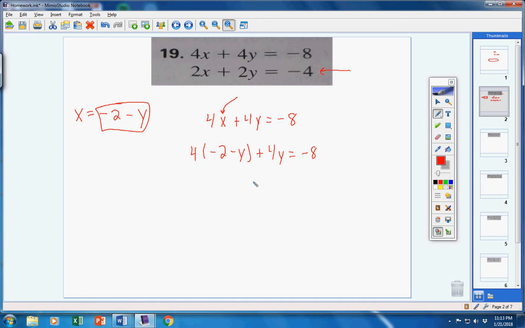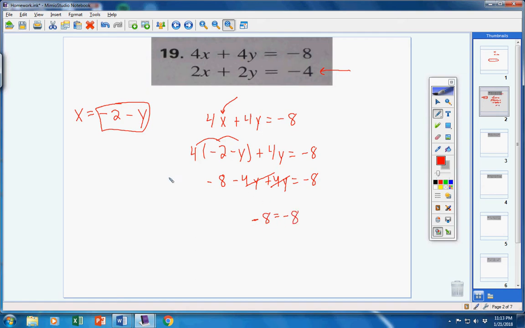And now let's solve for y. Multiply your 4 through, you get a -8 and a -4y, and the positive 4y equals -8. Simplify, your y's cancel, and you're left with -8 equals -8.